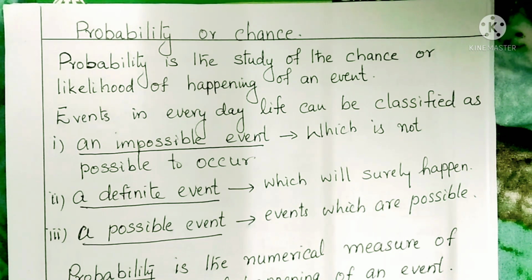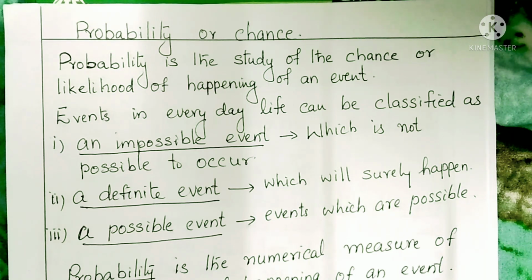So all the events, all the happenings around us can be divided into three parts: some which will surely take place, some which may take place, that is there is a chance of taking place, and some which will never take place.